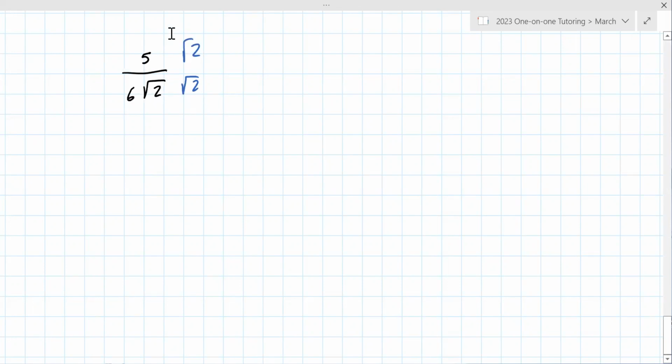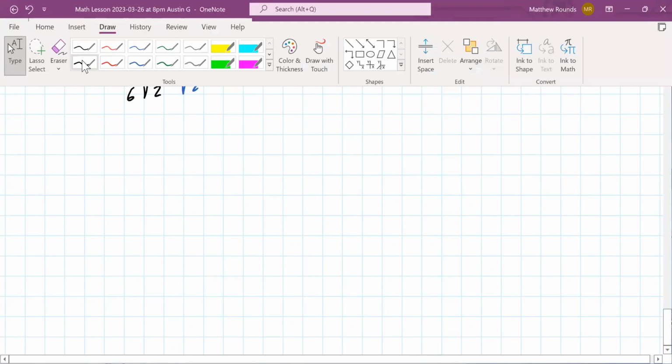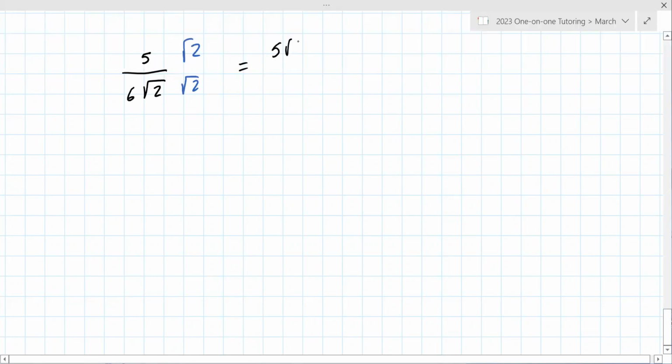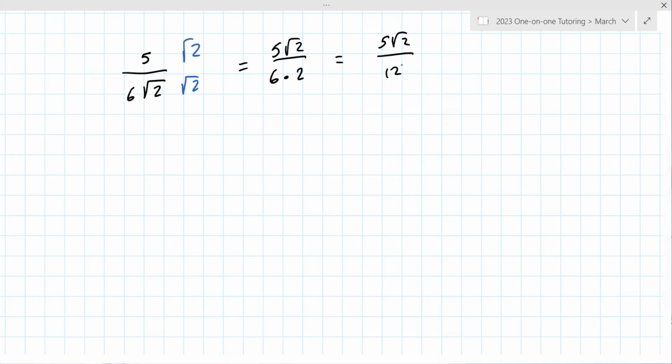It's just the root that you multiply the top and bottom by. This becomes 5 square root of 2 over 6 times 2. So you have to be comfortable with multiplying root 2 by root 2. That's root 4. That becomes 2. So this becomes 5 square root of 2 over 12.